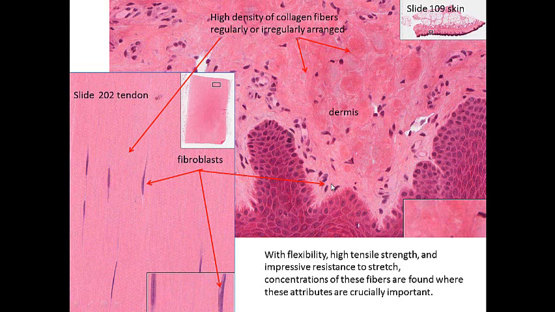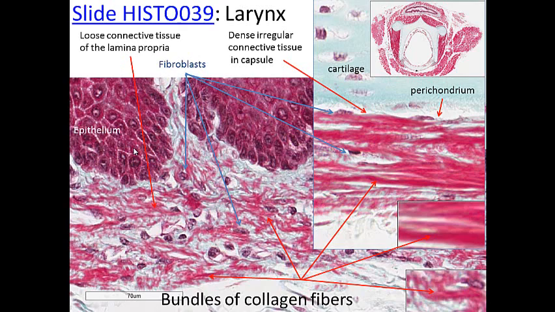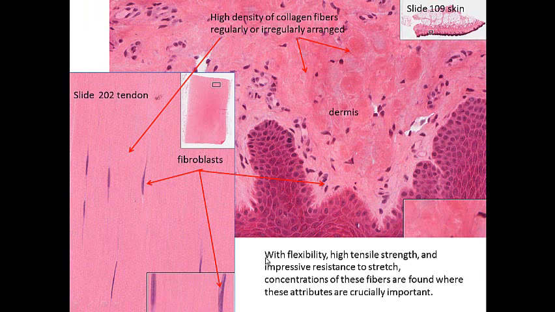This is an epididymis, and these are fibroblasts. So fibroblasts could be in the irregularly arranged dense fibers, or they can be in the regularly arranged dense fibers that you see. And since the collagen fibers have high flexibility, high tensile strength, and resist stretch, the concentration of these fibers is important at certain critical points.